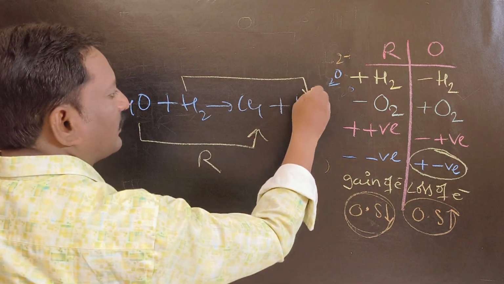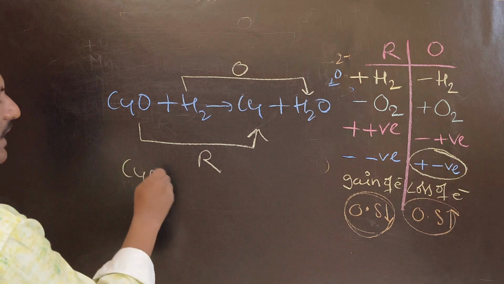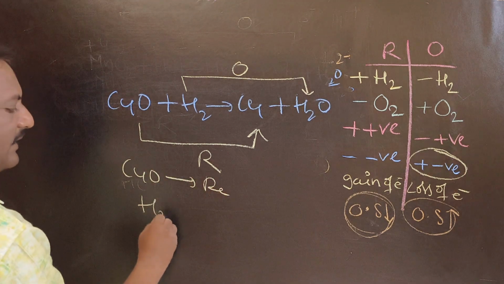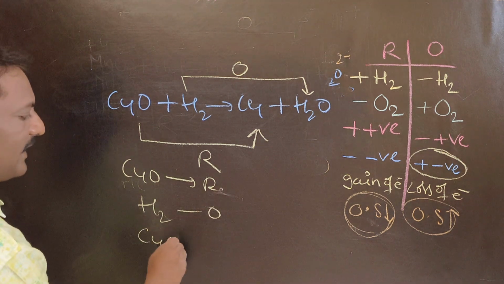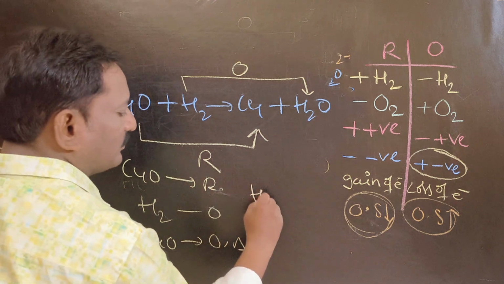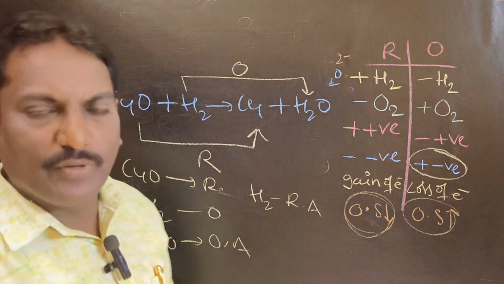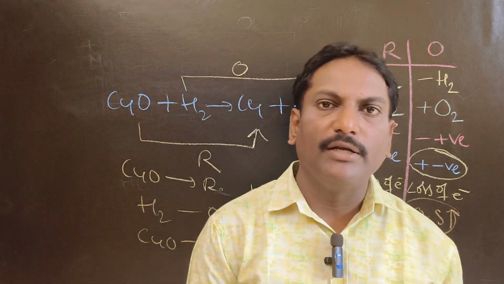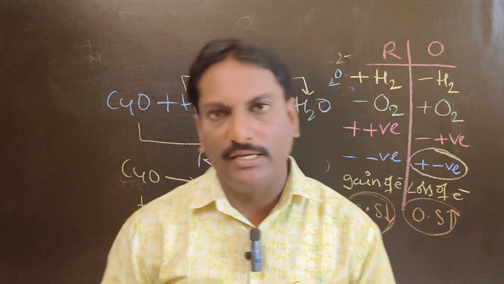Hydrogen is converted into water. It is oxidation. In this one, copper oxide is getting reduced, hydrogen is getting oxidized. Next, copper oxide is acting as oxidizing agent, hydrogen is acting as reducing agent. It is very simple to identify reduction and oxidation, which one is getting reduced and which one is getting oxidized, and the oxidizing agent and reducing agent.